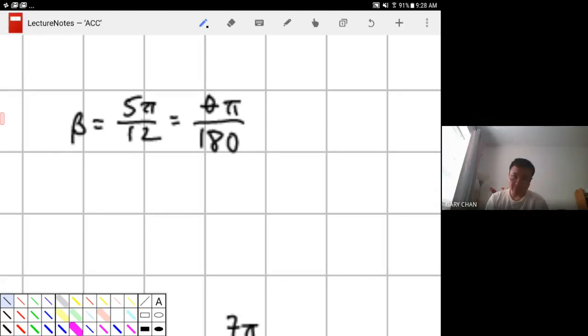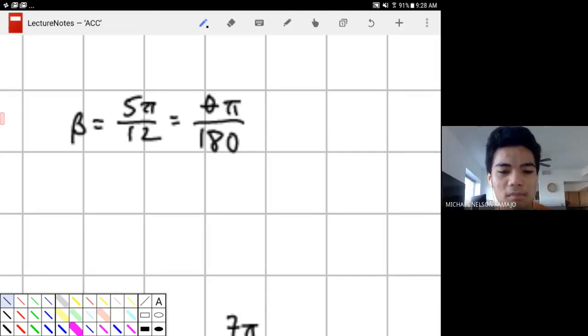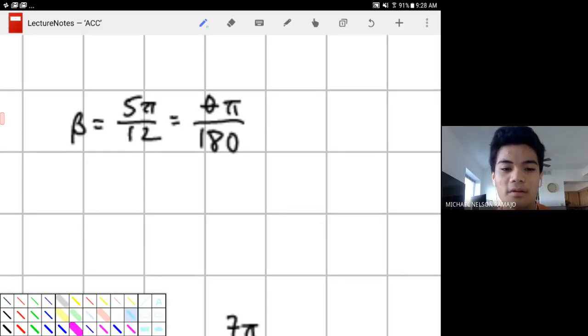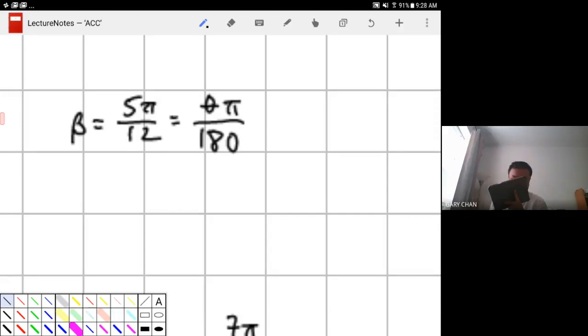What happens if you have the same things on both sides of the equal symbol, and they're being multiplied? I'm asking the simplification question here. So the pi here, what happens? They cancel out.